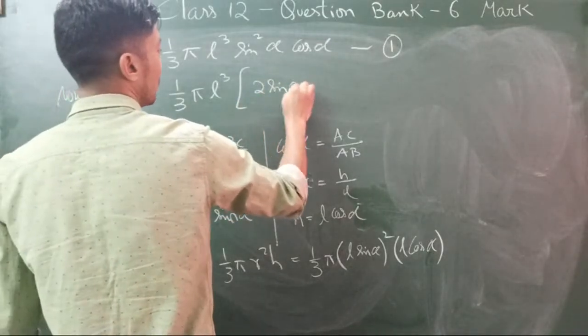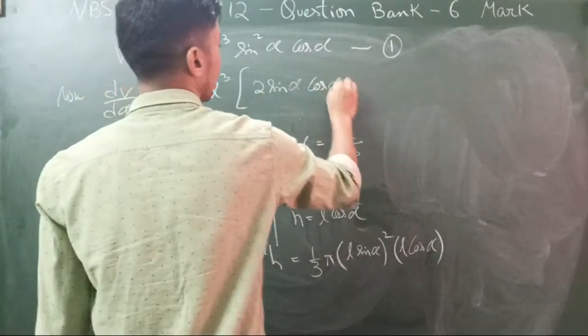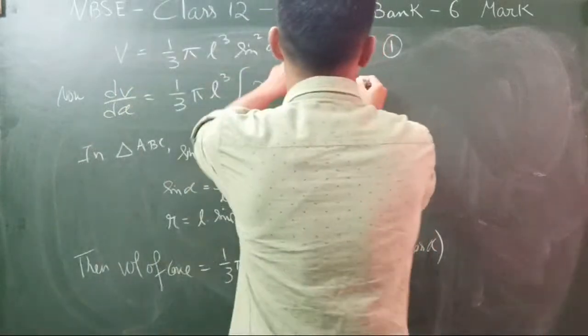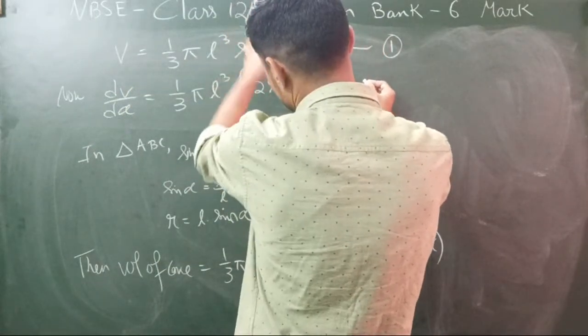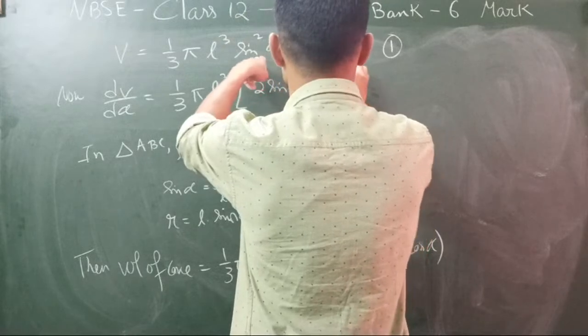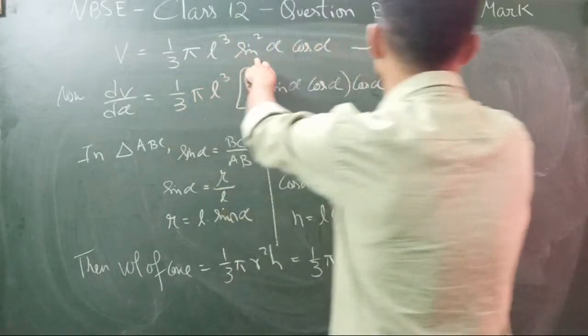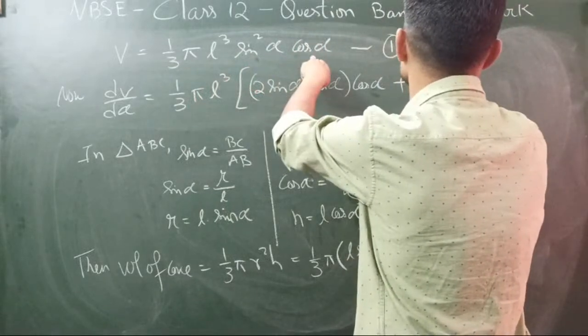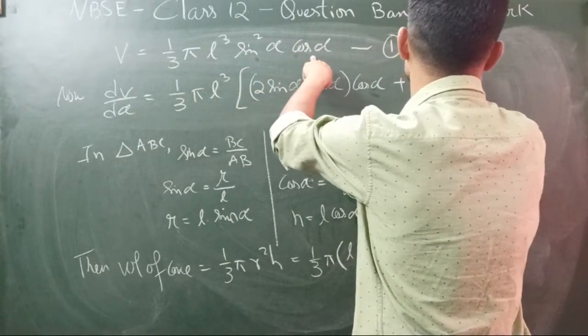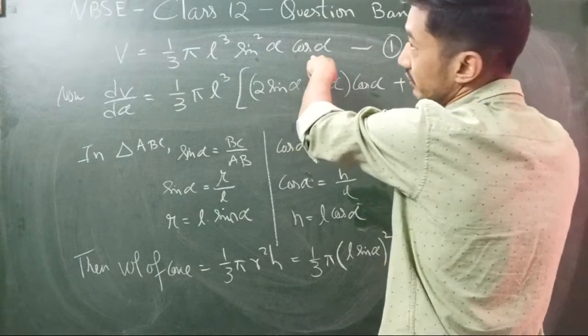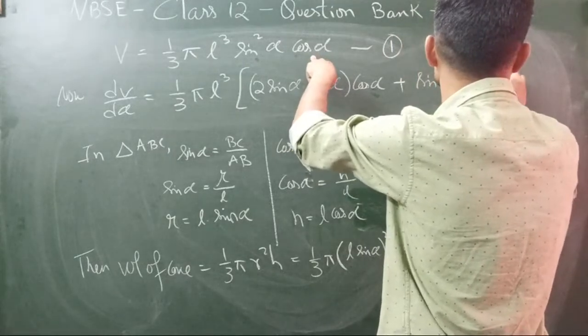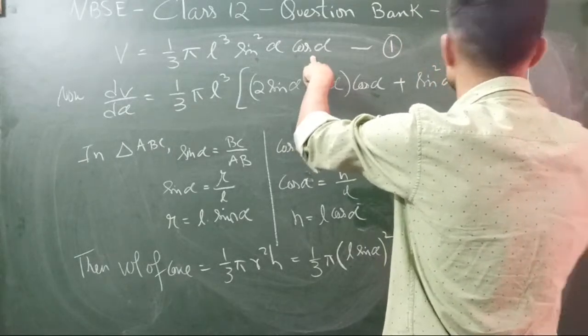Twice product rule, twice sine alpha cos alpha, twice sine alpha cos alpha plus sine square alpha minus derivative of cos alpha is minus sine alpha.